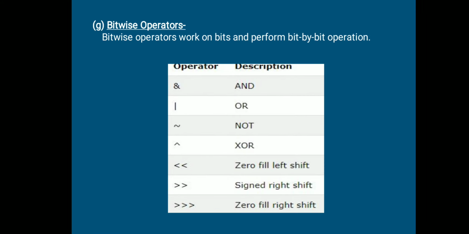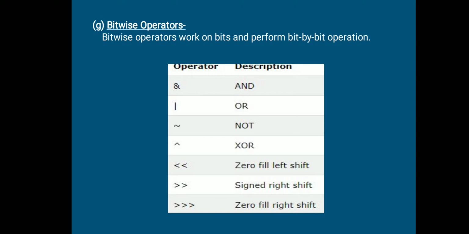Bitwise operators. Bitwise operators are performed on bit level operations. Bit level operations means when a decimal value is given, it is converted into binary and then the operation is applied. If you have seen the logical AND, it returns true when both the expressions are true.